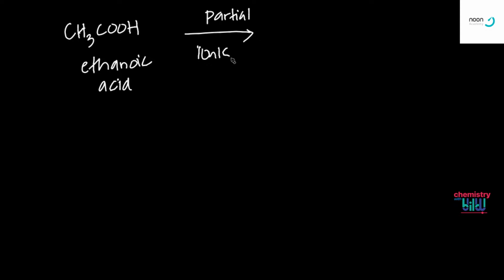Partial ionization, meaning only a small amount of H plus ions is formed and the remainder is the anion. Anion kya hai? CH3COO minus. Do you follow? That's the anion. So far, okay?